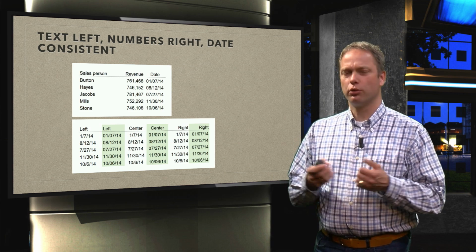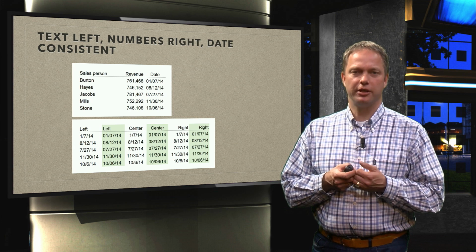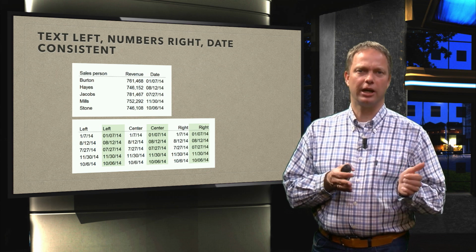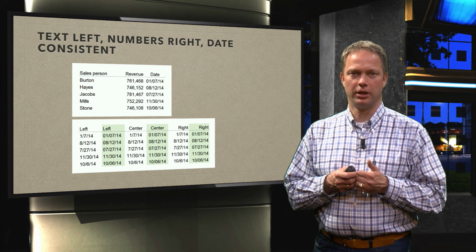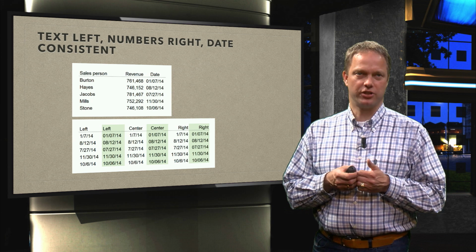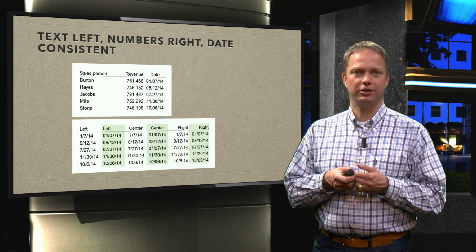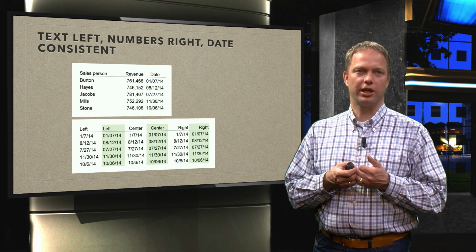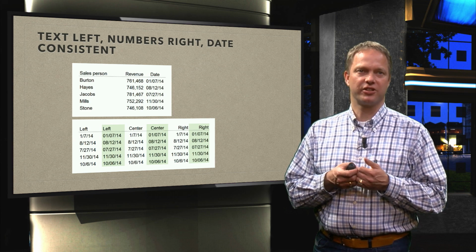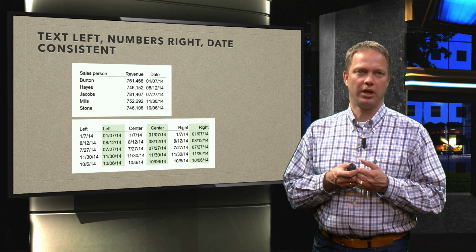Now, some basic rules about alignment. It's not really difficult. If it's text, you align it left. If it's numbers, you align it right. And then the only trouble we have is with dates, and you see it at the bottom of the screen. Actually, the alignment of the date is not really the problem, but the format of the date itself. My advice would be to try to get your date in a format that has the same length for every possible date.